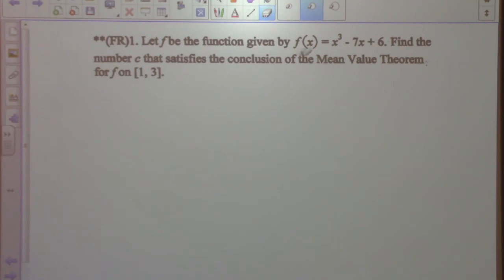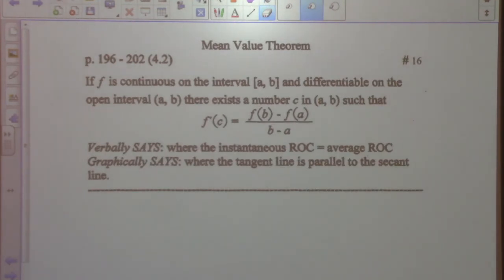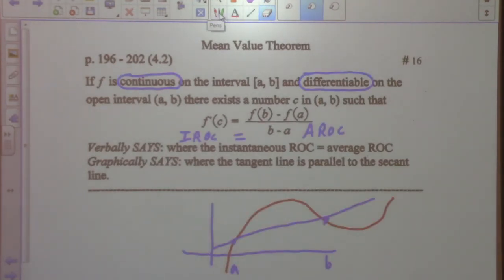Let f be the function. Find the number c that satisfies the conclusion of the mean value theorem. If we go back here, I'm going to put this right here. Remember, we moved this thing right up here and touched right here.